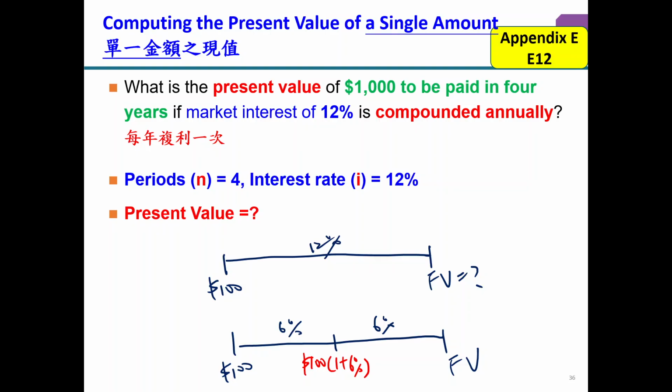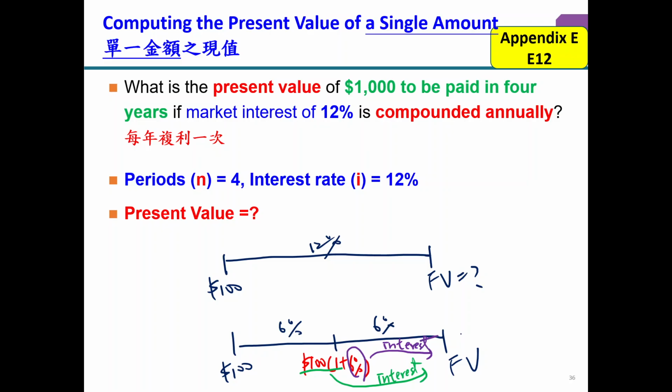Can you use the 100 and also the 6% interest to get more interest back? So that means your 100 can help you to get interest, and also your 6% money can get interest.